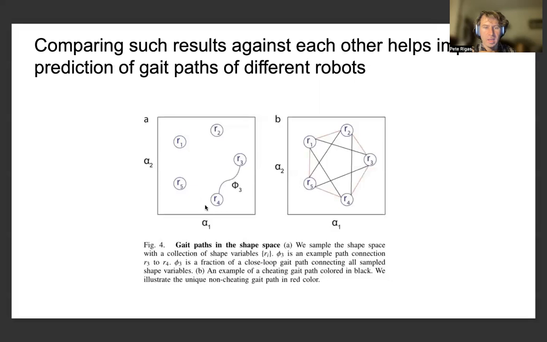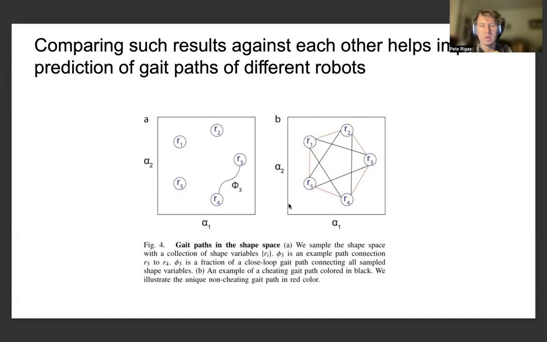And this is to say that if we know the two angles alpha 1 and alpha 2 that the hexapod can assume when it's performing its sidewinding walk, then we can look at different gait paths in the shape space, which are provided in figure 4 of the reference, by looking at different ways to connect the points R1, R2, R3, R4 through R5. For instance, as given in panel A, if we just want to go from point R4 to R3, that can be achieved by fixing some angles alpha 1 and alpha 2, which would then allow the sidewinding hexapod to reach one destination from another.